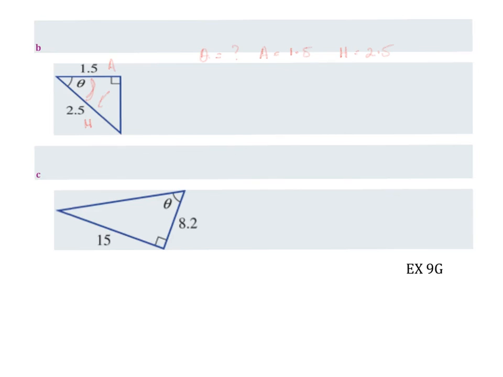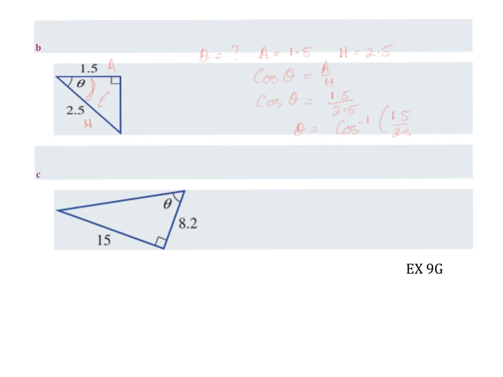Okay, SOH CAH TOA. Of course, cos theta, we know this now. So cos theta is adjacent over hypotenuse. Let's fill it in. Cos of theta, again it's our unknown, 1.5 over 2.5. I want to get the theta by itself. Bringing the cos over the other side becomes inverse. So it's 1.5 over 2.5.